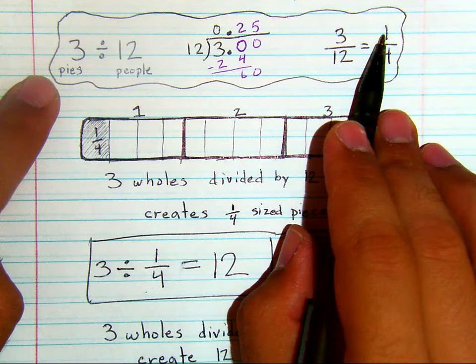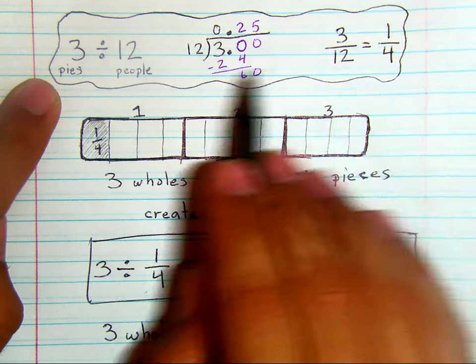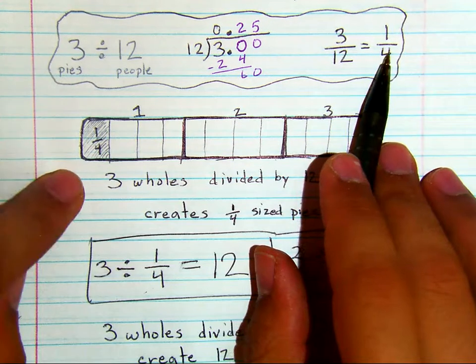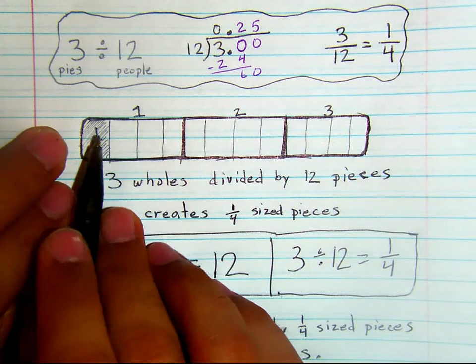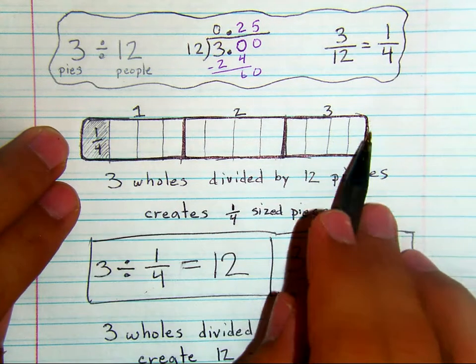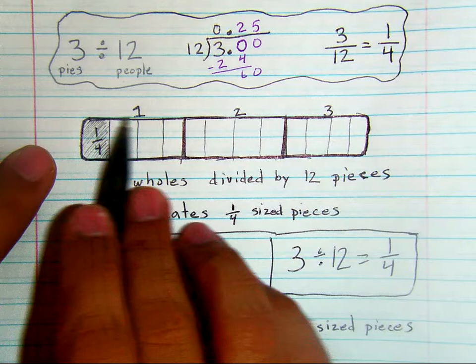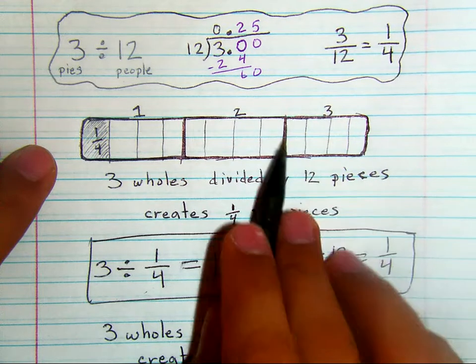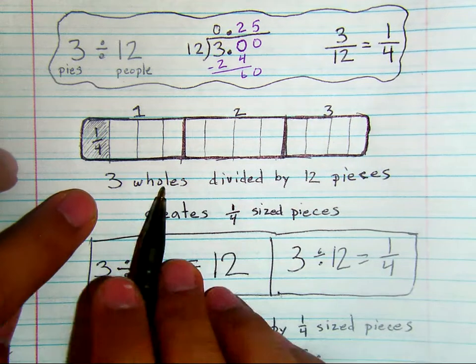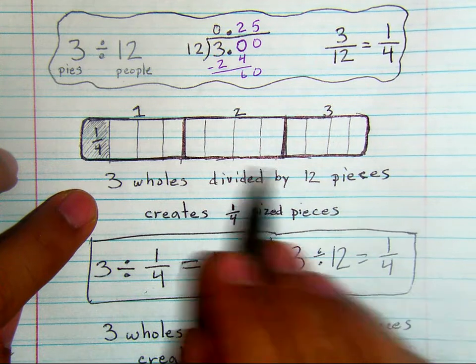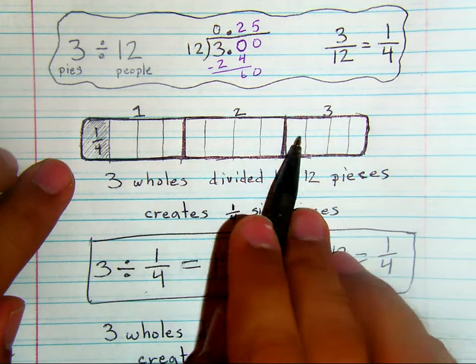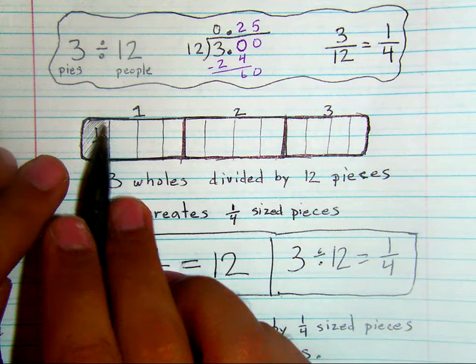Well, if you look at the fraction, 3/12 simplified is going to get you 1/4. So there's lots of ways to do this, but what I need you to understand is that if you have 3 whole pieces of something, 1 whole, 2 whole, 3 wholes, and the 3 wholes are being divided by 12 pieces, 1, 2, 3, 4, 5, 6, 7, 8, 9, 10, 11, 12, how big are those pieces going to be?